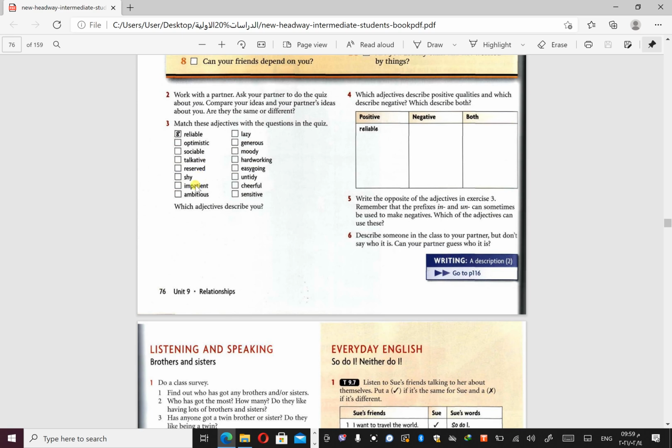We have reserved, اللي محجوز, shy, impatient, ambitious, lazy, generous, moody, hardworking, easygoing, cheerful and sensitive. So if we try to divide them into positive or negative or both, sometimes it depends on the meaning.